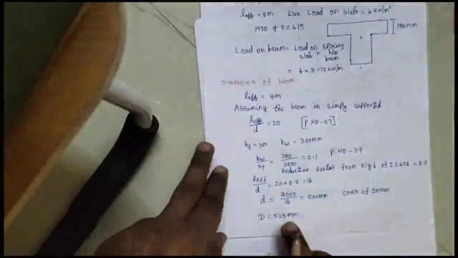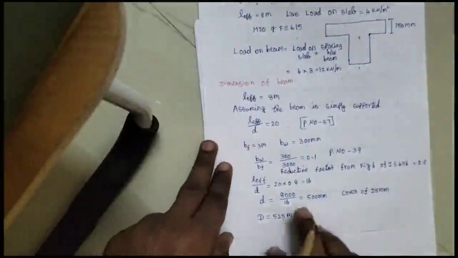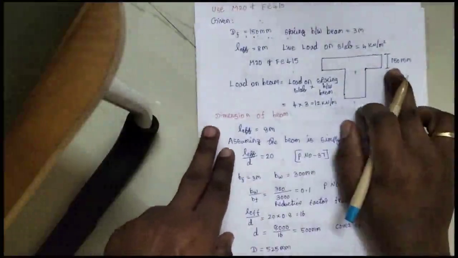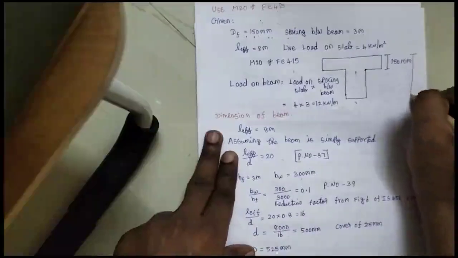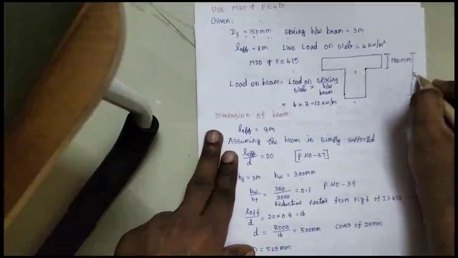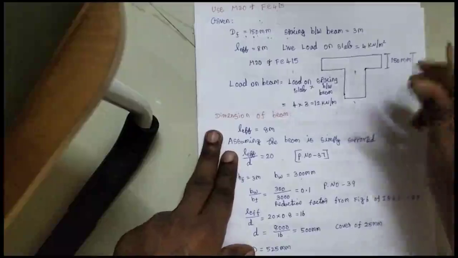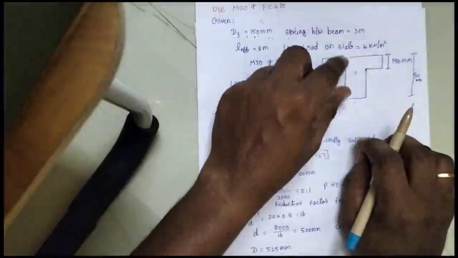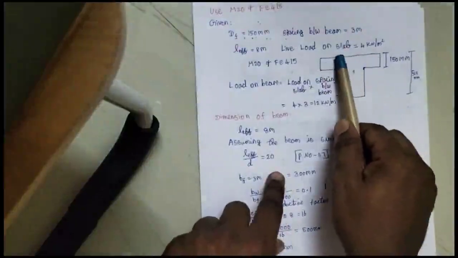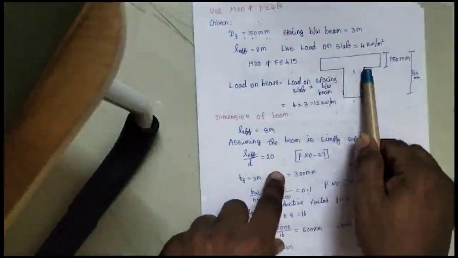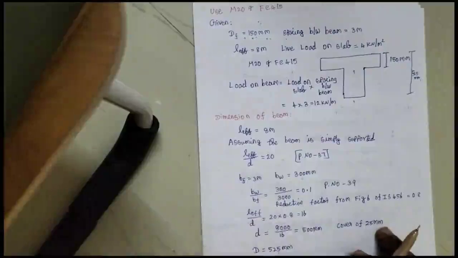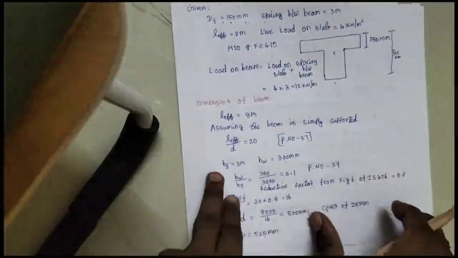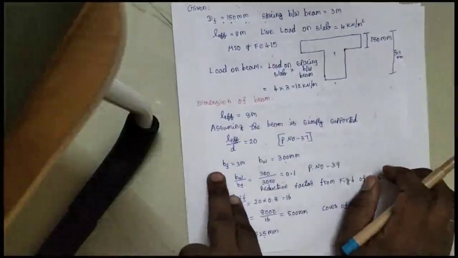Here if you see, I have calculated 525 mm as the overall depth, and the depth of flange is 150 mm. If I am going to consider only the beam, then I need to consider only this rectangular portion, because while calculating the slab, I am going to consider this total area for my self weight. So the depth of the beam will be 525 minus 150, which will be 375 mm.